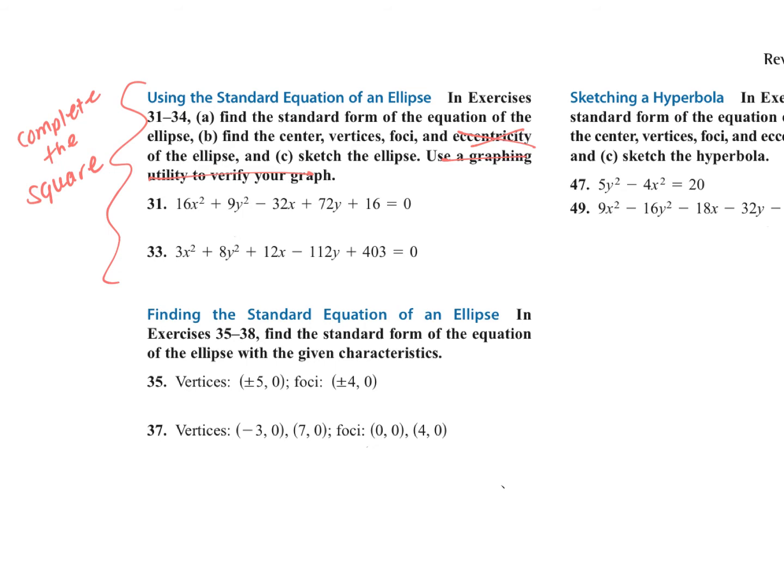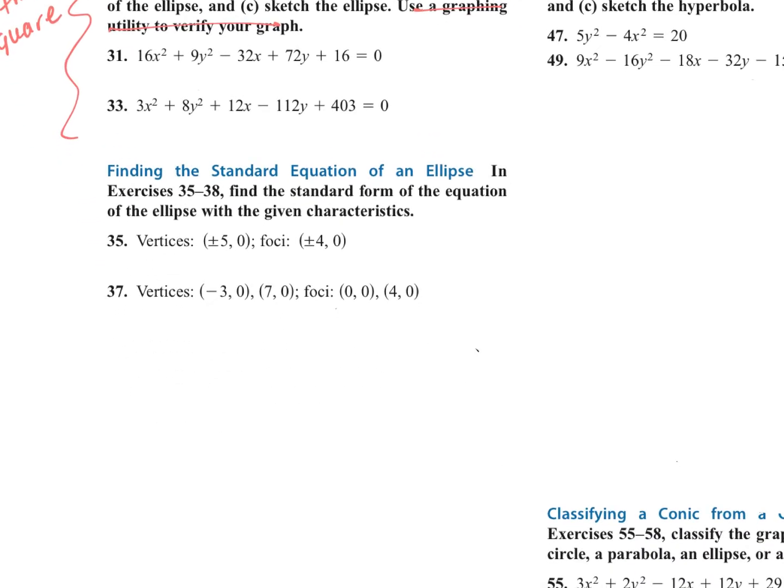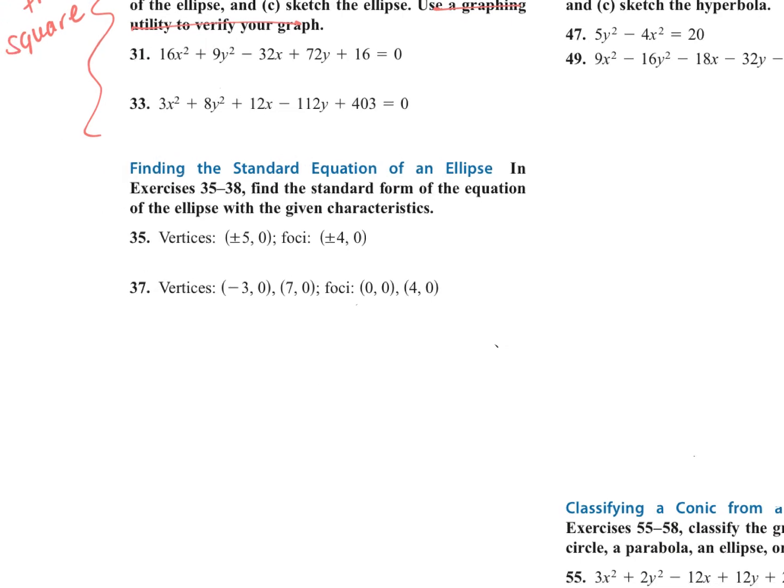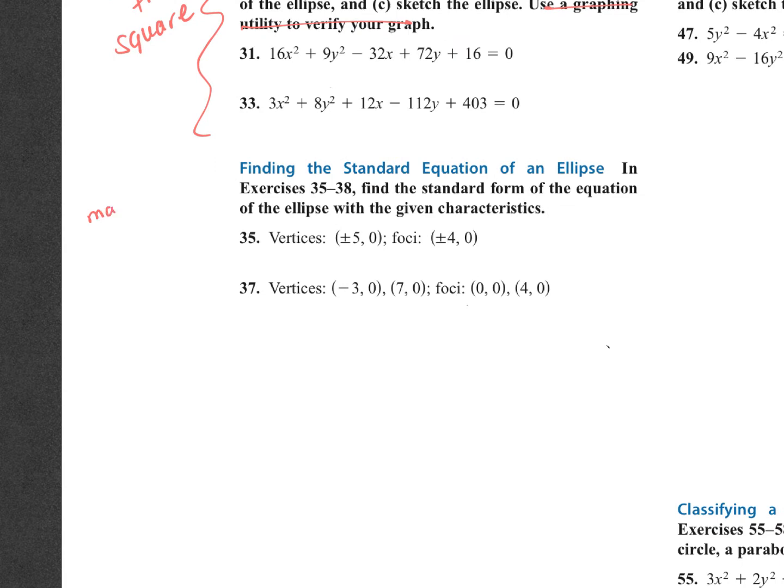Then comes the reverse of the ellipse, where you could be given the vertices and the foci. Those are the vertices and the foci. You could be given the vertices and the major axis, the minor axis, that kind of stuff. So all different kinds of information. Remember, major would be 2a, minor would be 2b, and remember, c squared equals a squared minus b squared on an ellipse.